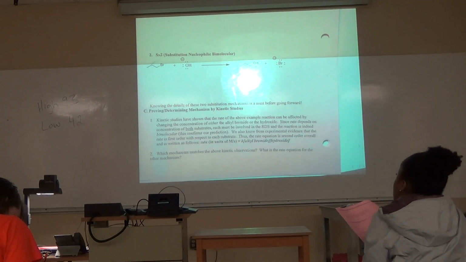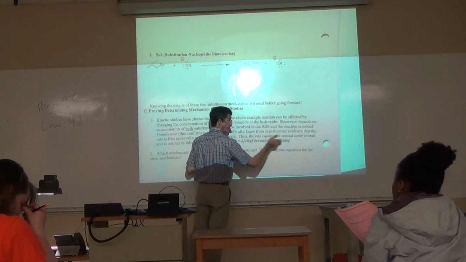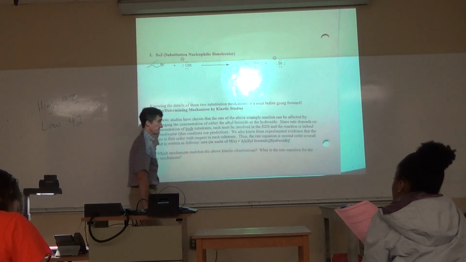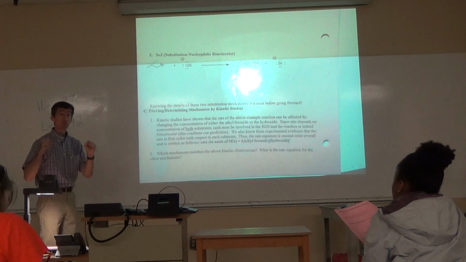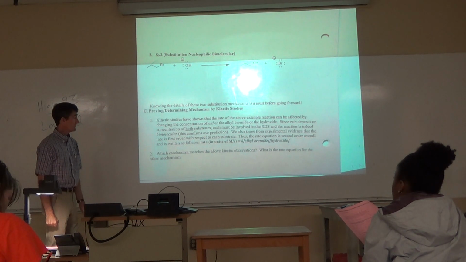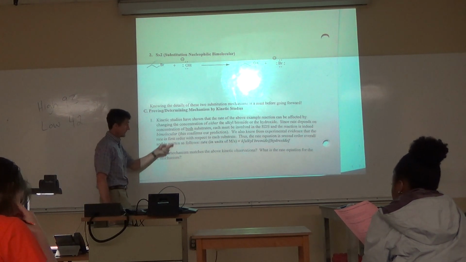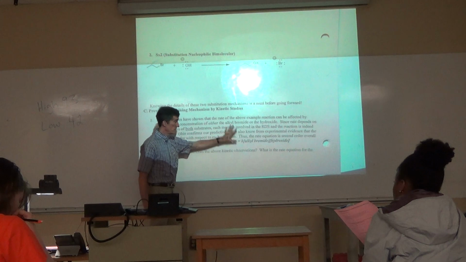Then you change the concentration of one of them, do the rate again, and see if the rate changes. It turns out that if you change the concentration of either of these, the rate will change. That tells you that both are involved in the rate determining step. This matches SN2.